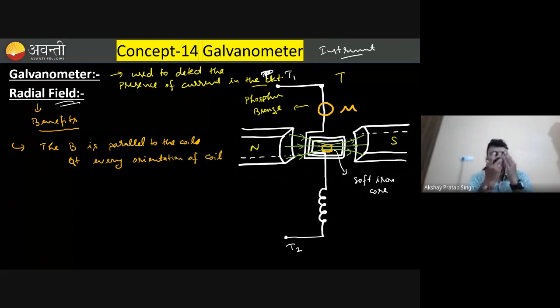Now, it doesn't matter at what position coil is. If you rotate the coil, every time you will see that magnetic field is parallel to the coil.